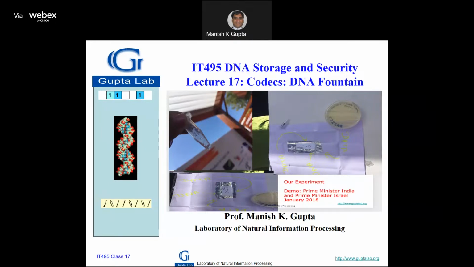So basically, we are dividing the whole literature into three parts. The elementary part, which we have already covered, about the codecs. The second part, where I'm going to do these two important codecs, the DNA Fountain Codec and the Yin-Yang Codec. And the third part, the rest of the stuff, which is slight variations. Basically, some groups of authors will slightly modify the model, right?